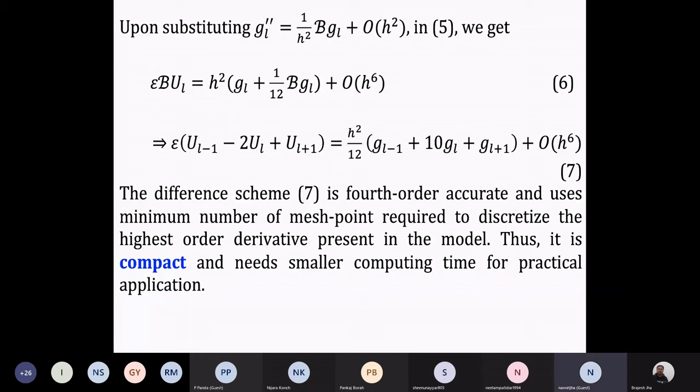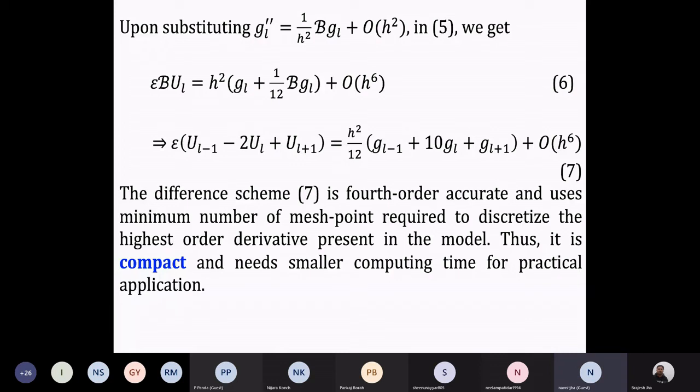Please note that 3 is the minimum number of points required to calculate the second derivative. 2 is the minimum number of points required to calculate the first derivative. You can approximate the first derivative at 3 points, 4 points, 5 points, no problem.